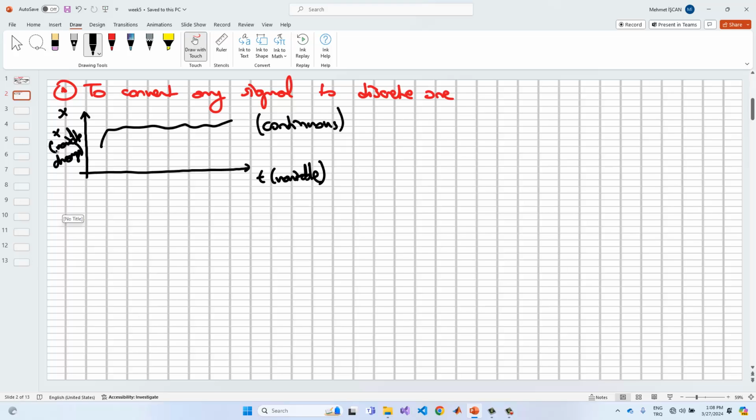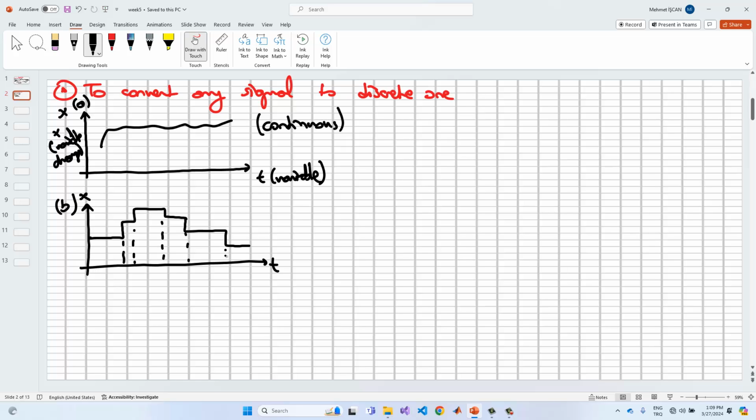But this is case A, and in case B, we can convert this signal based on the x and t in here, just like this one. What's the definition of this signal?